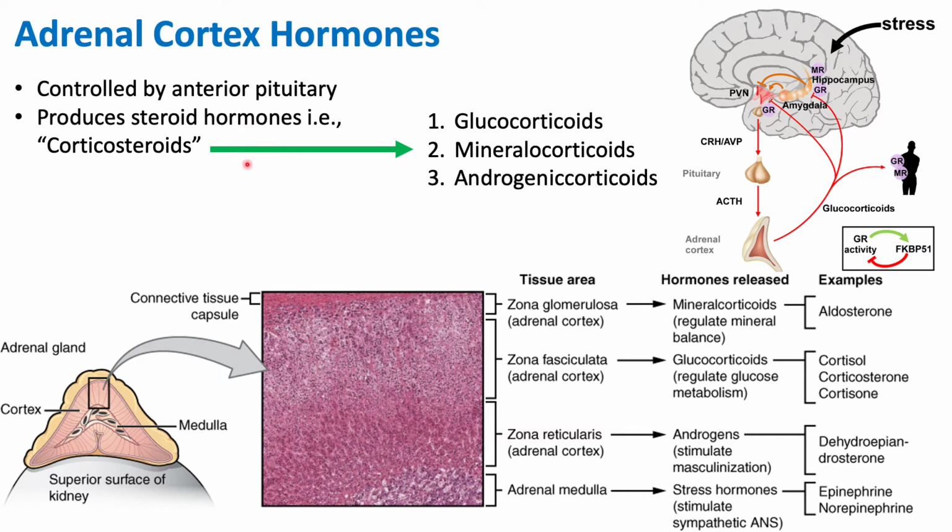And right below the hypothalamus, we have the anterior pituitary and the posterior pituitary. The posterior pituitary is directly linked to the hypothalamus, and it is also referred to as neurohypophysis, meaning it is made up of mainly neural tissue, and it's not able to produce its own hormones, so it relies on that hypothalamus to produce the hormones, and then the hormones will be stored in the posterior pituitary.